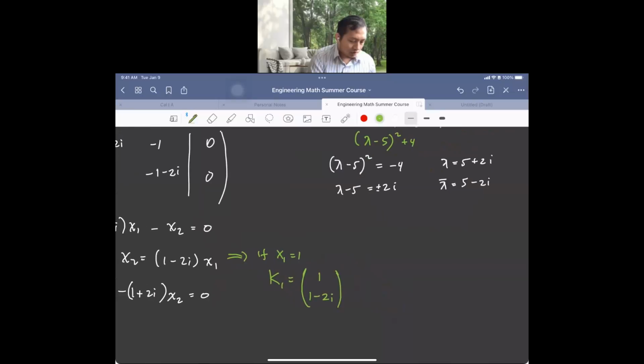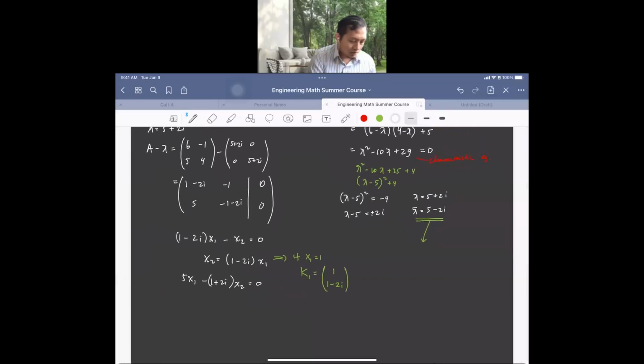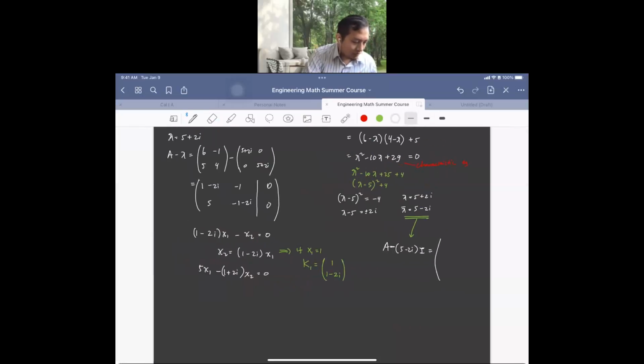And the same thing if we do it with the conjugate. If we do it with the conjugate, we get the same or similar conclusions. Then if we try A minus 5 plus 2i, sorry, not 5 plus, but 5 minus.